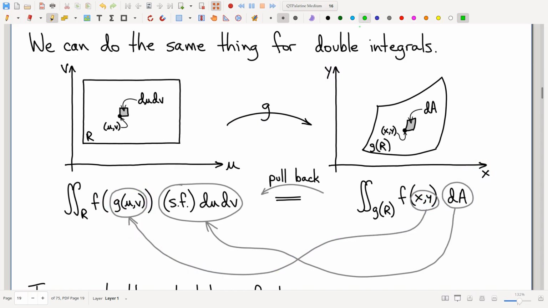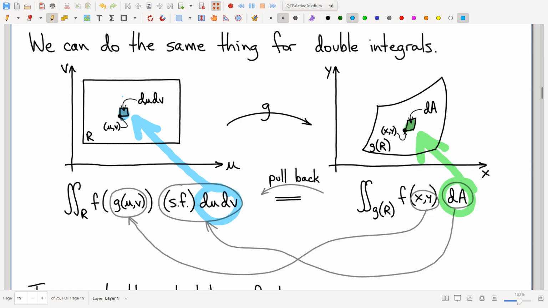And we don't know how to compute this yet. But this piece of area here and this piece of area here are not necessarily the same size. Why would they be? We wouldn't expect them to be. G could be doing all kinds of crazy stuff.